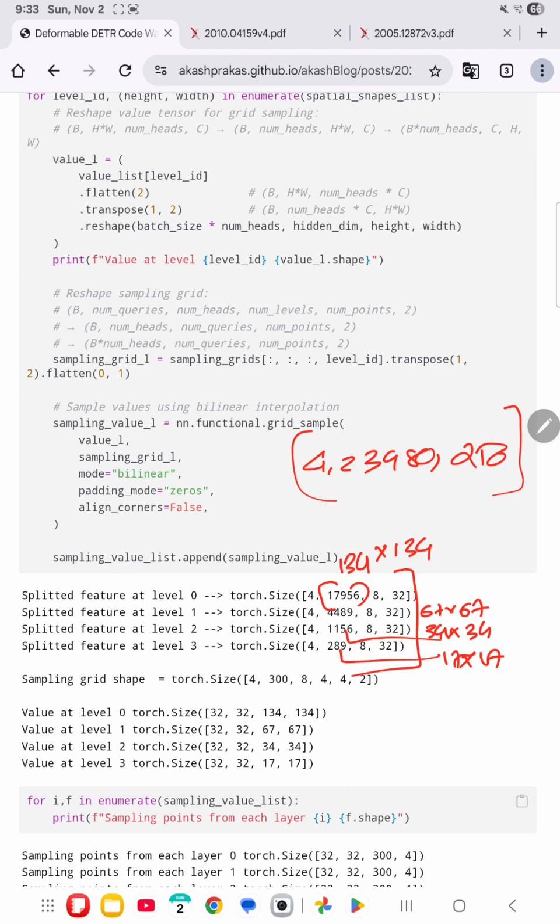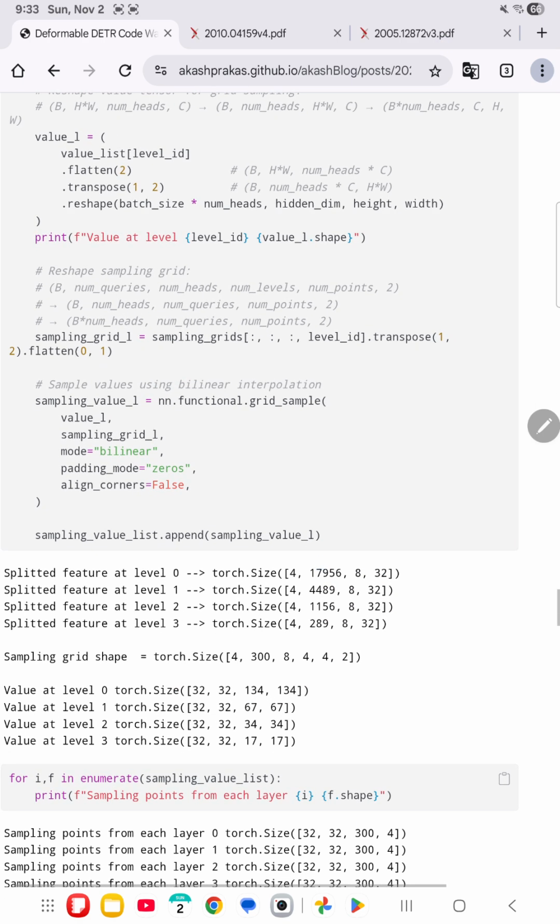Now why we split them up is because this torch grid sample needs this shape. So we split them up, and we move this dimension, the 8 here and 32 here, and make it the channel dimension for across the different things.